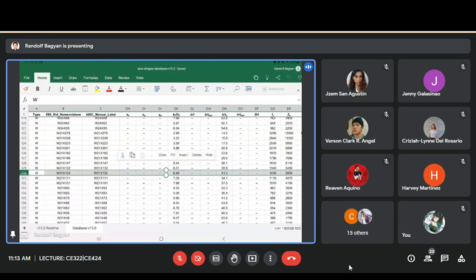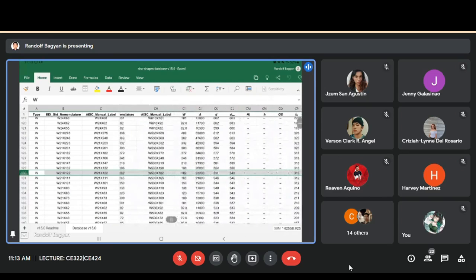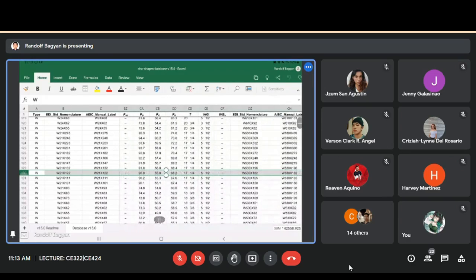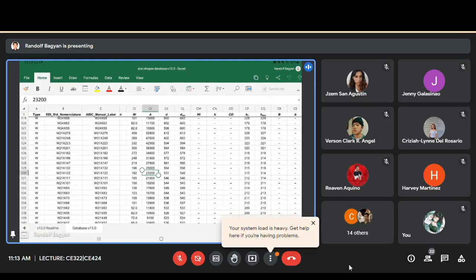So kalahati niya would be WT kasi hatiin mo sa gitna. No? Nagiging T-shape na siya. So ito. And then you have to look for its properties. Yung gross area. Yan lang naman. This is the weight. Okay, so it is 122 pounds per foot. Okay, pero sa SI, it is 182 kilograms per meter. And its gross area is 23,200 for the W section, no?